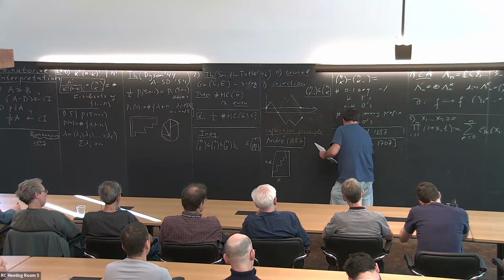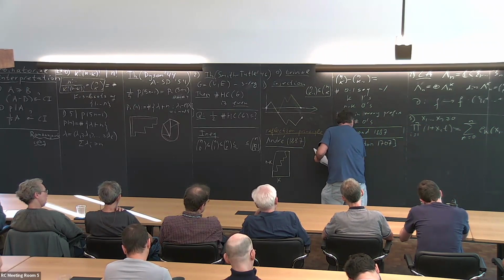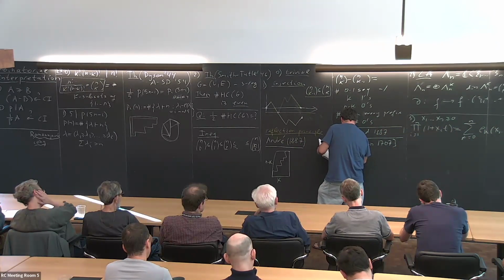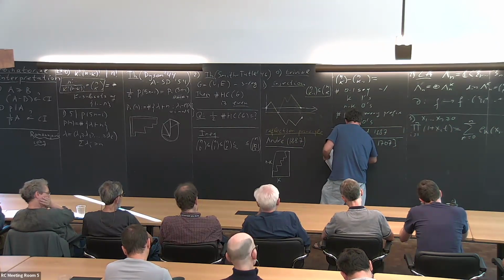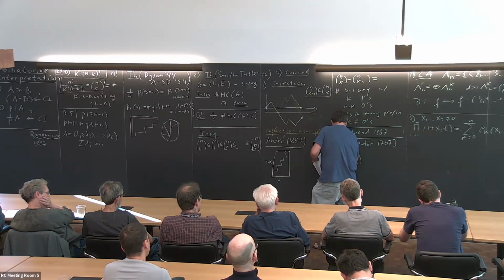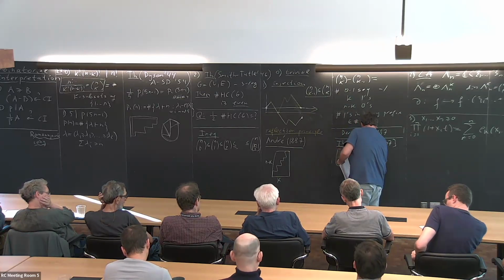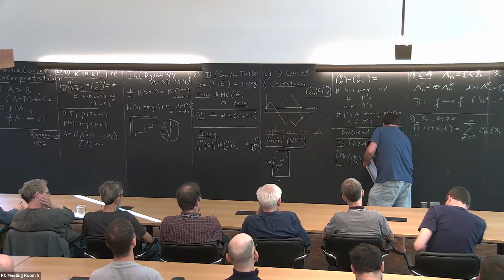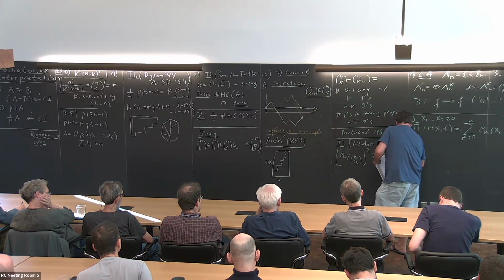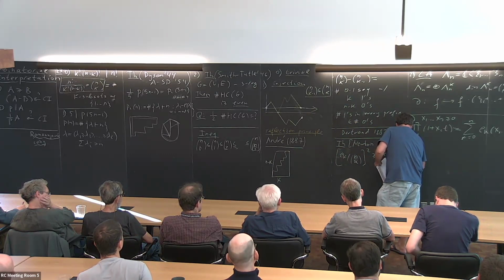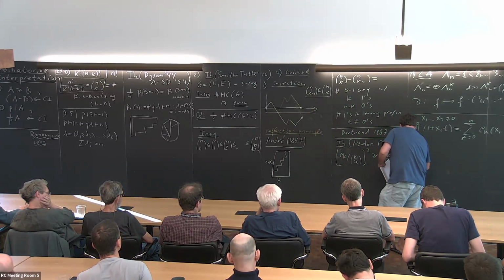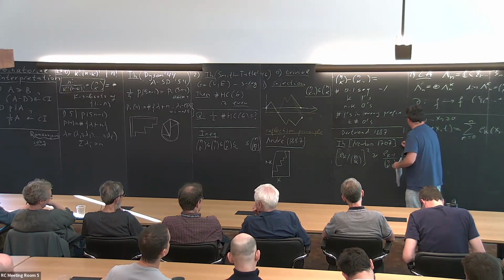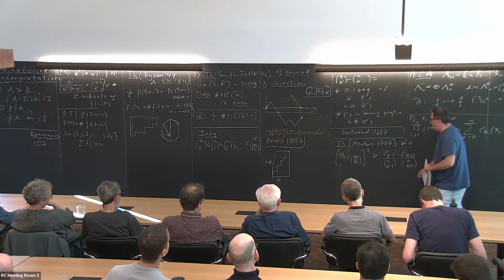Ek, I'll just write ek, is going to be ek of x1 up to xn. Then ek over n choose k, squared, is greater or equal than ek minus 1 over n choose k minus 1, times ek plus 1 over n choose k plus 1. It's for everything, for every k, whenever it makes sense.